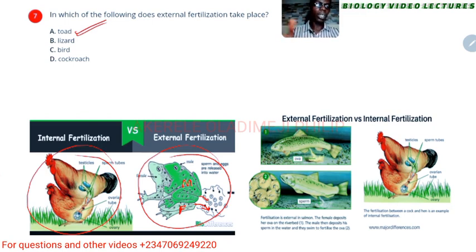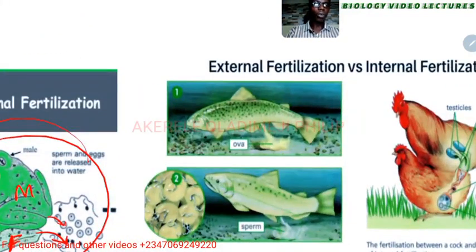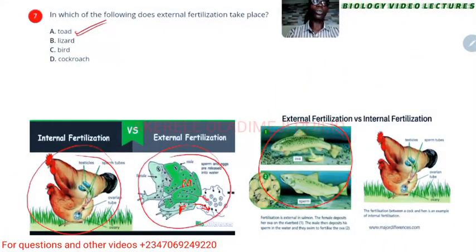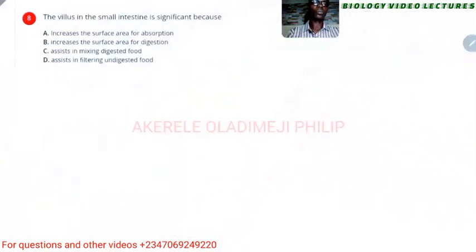That's why in this question it wasn't put as amphibians, it was given as toad, one of the examples of amphibians. Here fishes too carry out external fertilization. So it's not only toads that do that, but of course the other options in this question 7 all carry out internal fertilization except for toads.